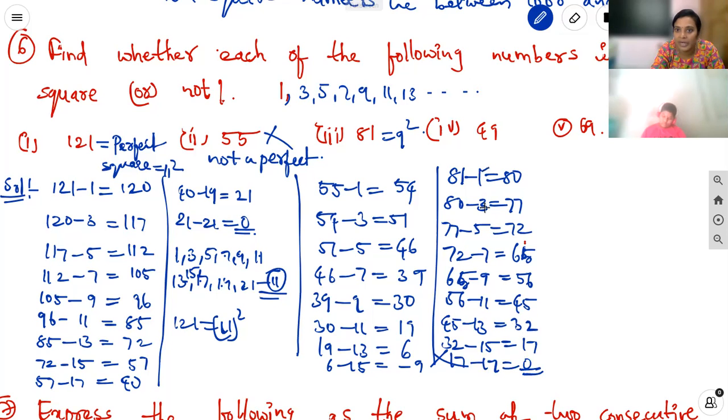How many are there? 1, 2, 3, 4, 5, 6, 7, 8, 9. So 9 squared.